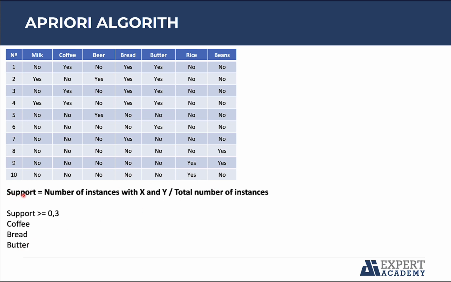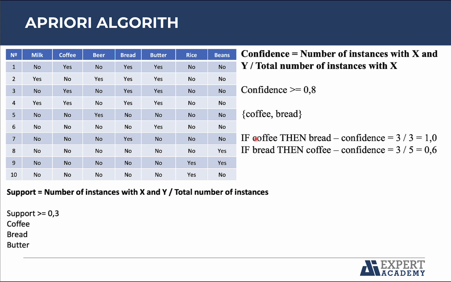This is the first parameter, and now we need another one, which is the confidence, the number of instances with X and Y divided by the total number of instances with X. Again, you need to specify this value.